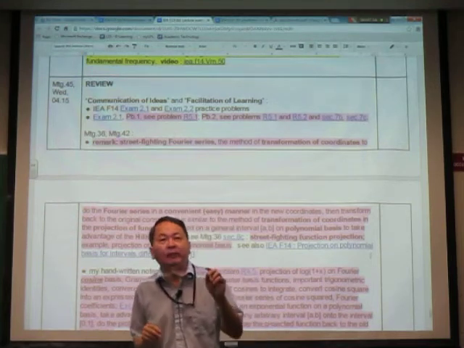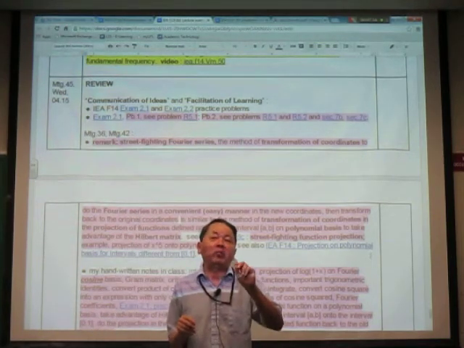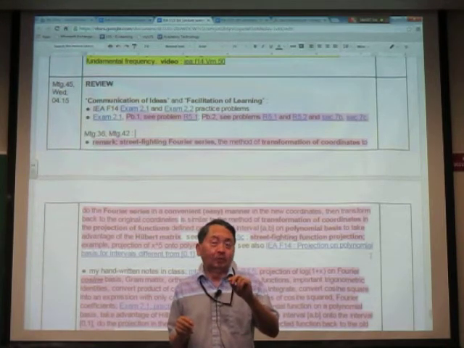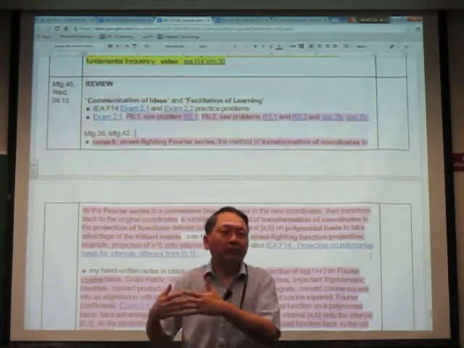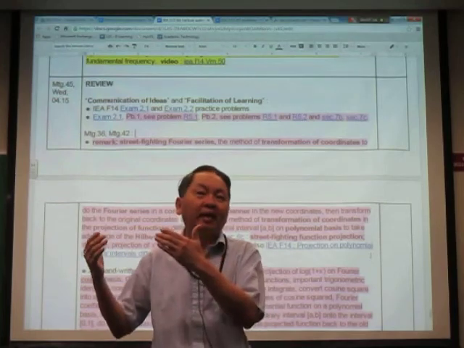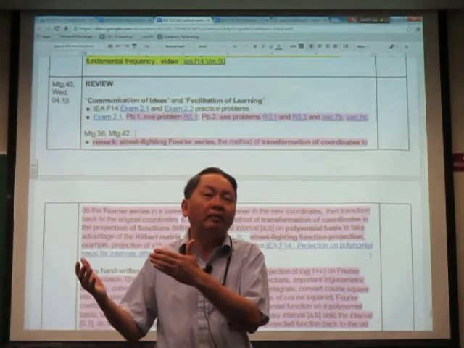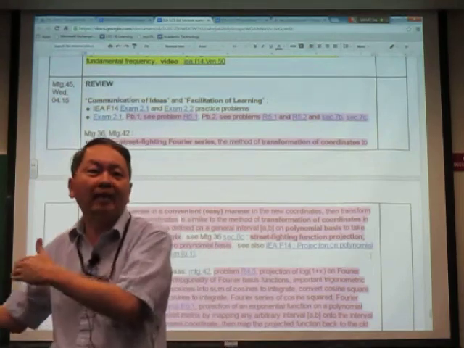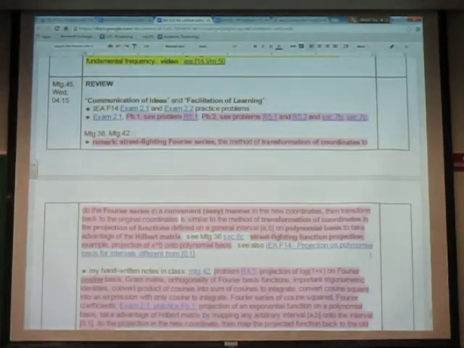In exam 2.1, that's either problem 1 or problem 2, and in exam 2.2, the remaining 2. So I gave an example: if I gave problem 2 in exam 2.1, then problem 1 and problem 4 would be in exam 2.2. And that's all.